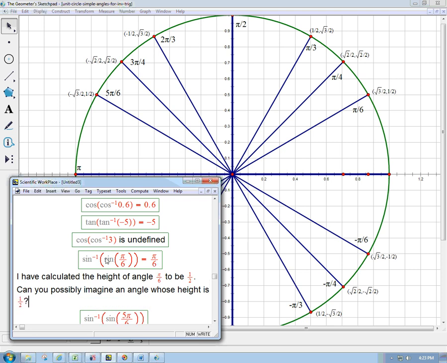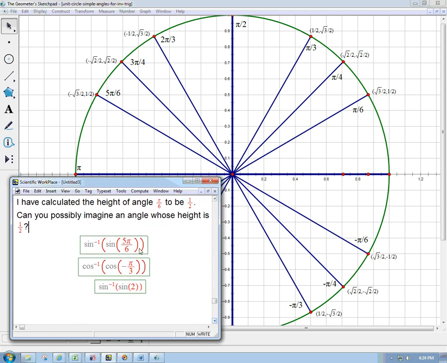Because that's what the outer layer does. Here's 1/2, the height of angle pi over 6. And then this thing says, what's the mystery angle that could give me that height? Well, that's what I started with. Okay. And so that's not too bad. Again, the inverse and the forward function cancel out. But this is where it gets more interesting.